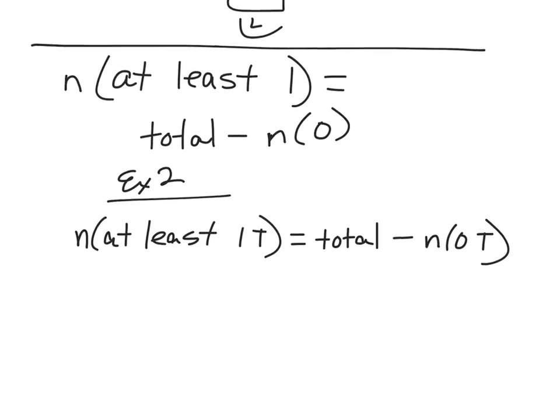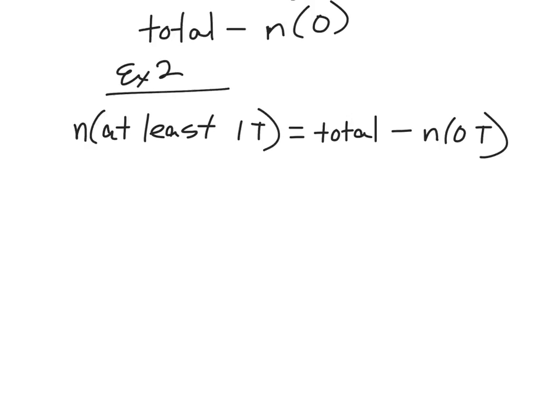Okay, so now I've really turned this into 2 problems. I've got to get the total number of things that can happen and subtract from that the number of ways I could get 0 tails. So let's worry about the total first. What am I doing? I'm flipping 4 coins, right?